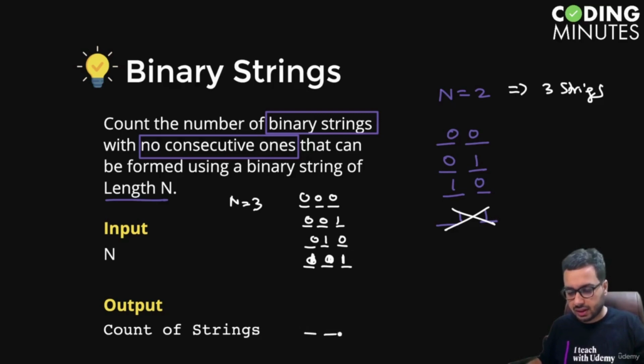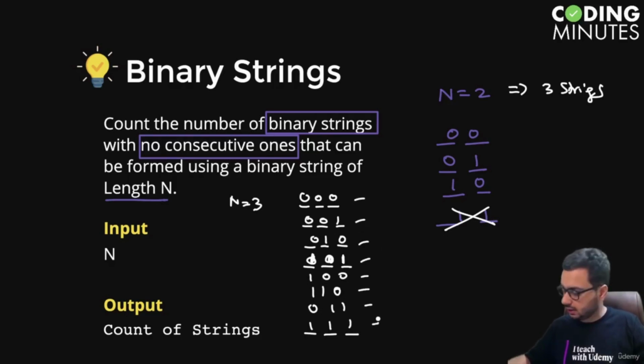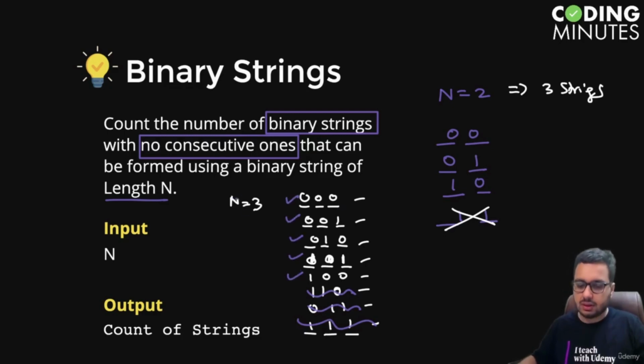The invalid strings would be 1 1 1, 0 1 1, 1 1 0, and 1 0 0 is also valid. We have 1 2 3 4 5 6 7 8. So out of 8 we don't have this one, this is invalid, this is invalid, this is invalid. We have 1 2 3 4 5, so 5 strings which are valid.